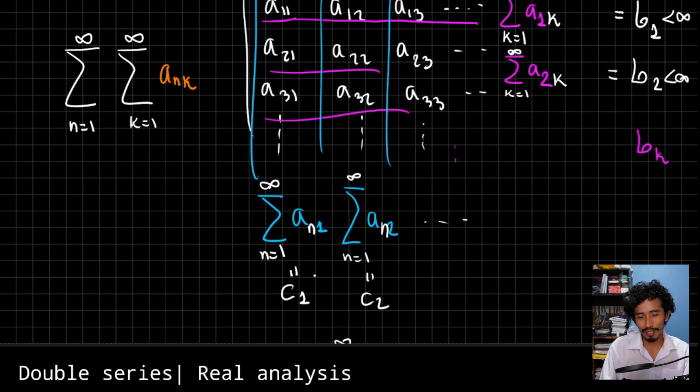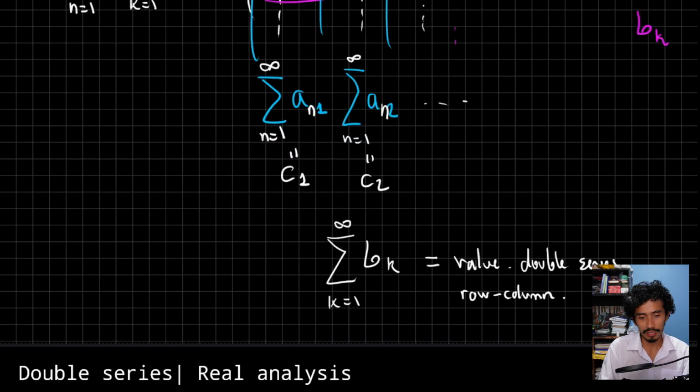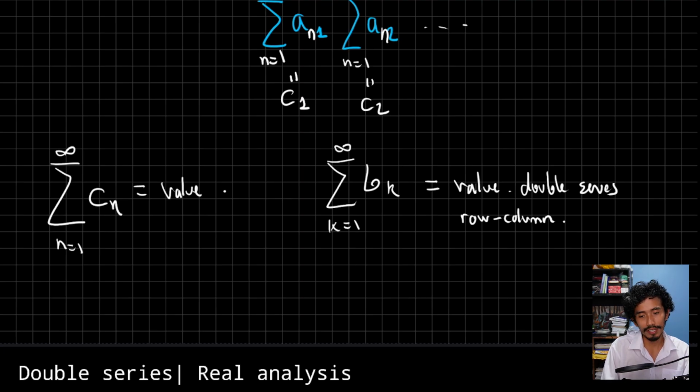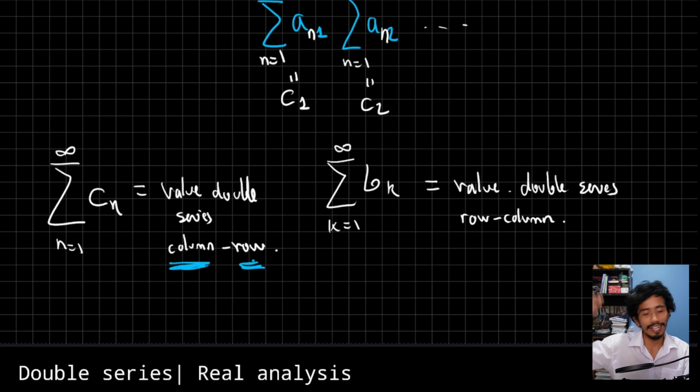If we sum all of these numbers, this will be another value of the double series, but column-row, because this is the order: we first calculate the columns and then add all of those numbers.